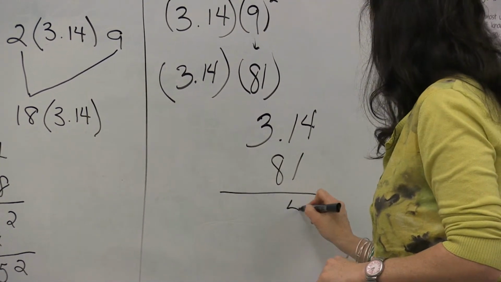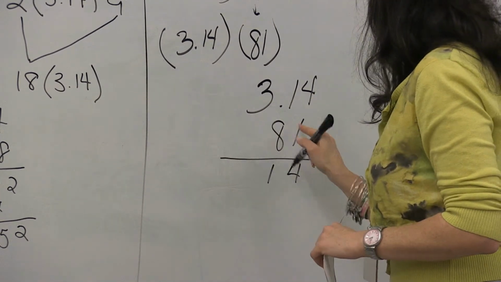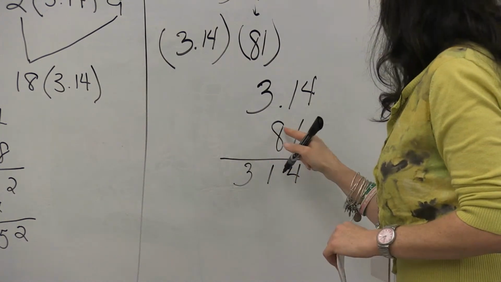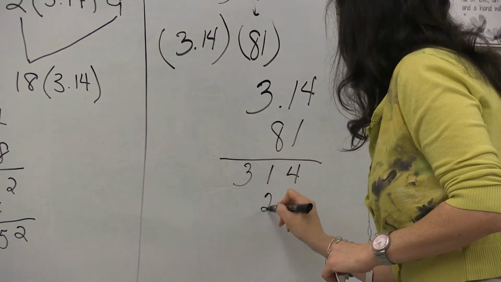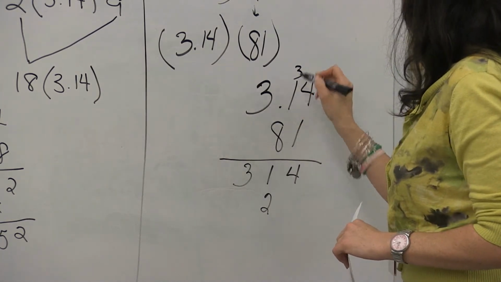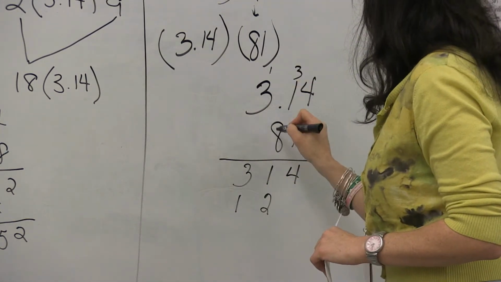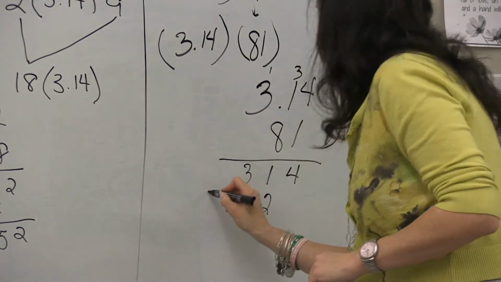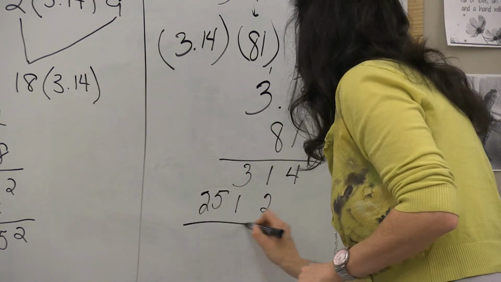4 times 1 is 4. 1 times 1 is 1. 1 times 3 is 3. 8 times 4, we said is 32 earlier. 2, carry the 3. 8 times 1 is 8, plus 3 is 11. Carry the 1. 8 times 3 is 24, plus 1 is 25. I'm going to carry this across.